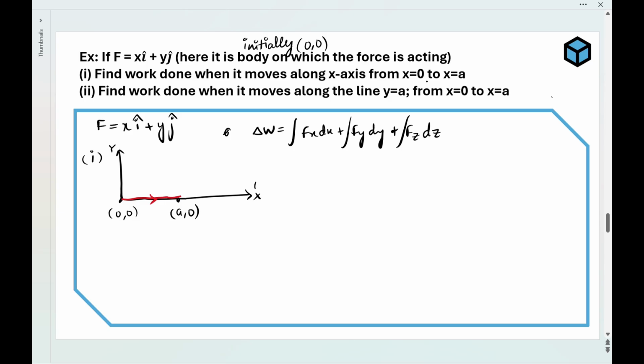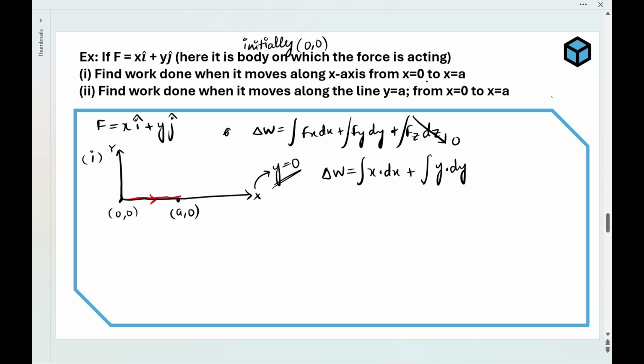here the x-axis is nothing but y equal to 0. So what we can write here, delta W is equal to the integral of x dx, and there is no Fz, so I am directly eliminating it because there is no k cap mentioned over here, plus the integral of y dy. The important point over here is that y is constant, y is 0.